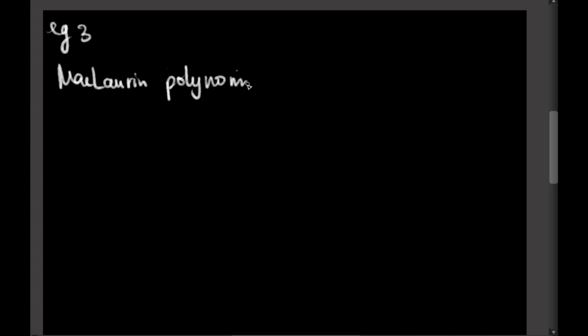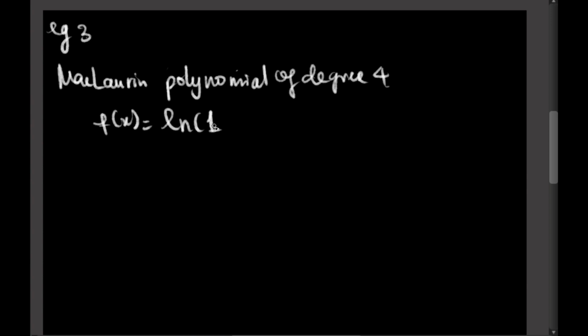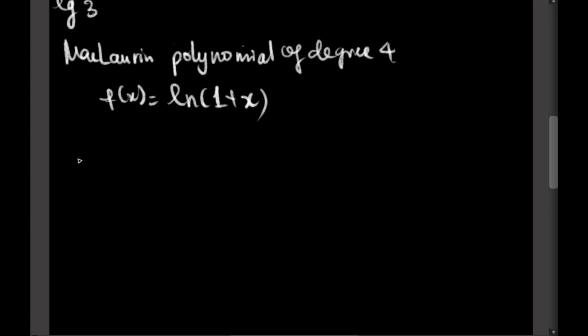So now we're going to consider a polynomial of degree 4 that approximates f(x) equal to natural log of (1 plus x). Okay, so now, because it's actually a Taylor series, we're going to do just the same. So the first step is going to be differentiation.